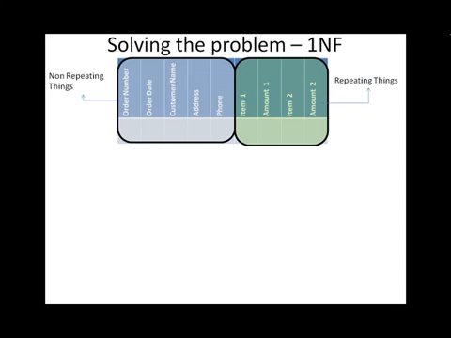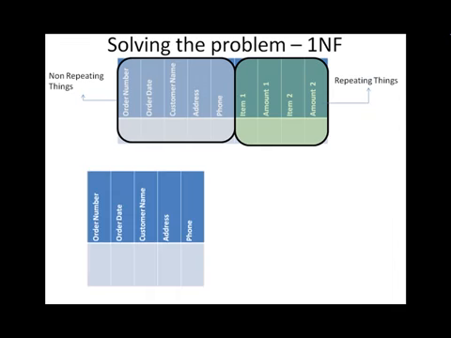So instead of designing the database like this, what I can do is remove the non-repeating area from the repeating area. So I removed the non-repeating area and created a separate table. Let's call it the order table. In this order table I had order number, order date, customer name, address and phone.